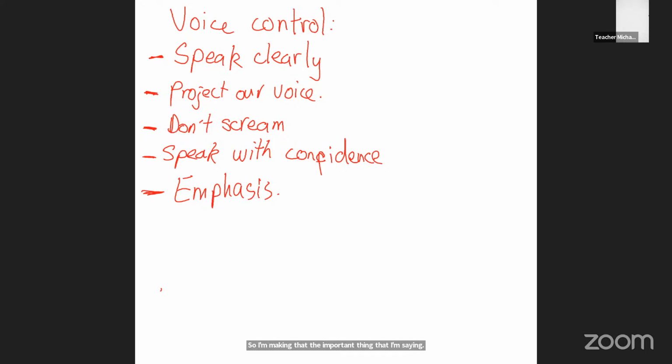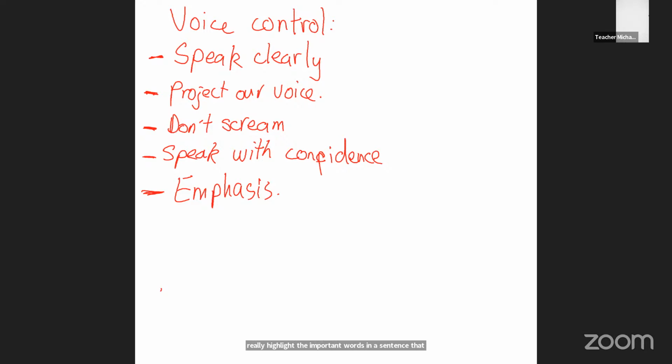Or I could say, I had an apartment at the park. And by emphasizing the word had, I'm emphasizing the point that I used to have it, that I don't have it anymore. And we can use that emphasis technique to really highlight the important words in a sentence that we're saying.